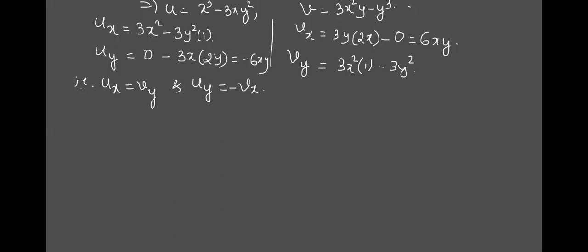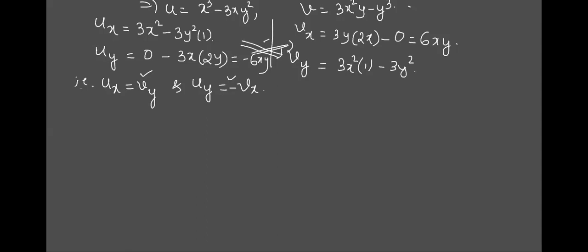Don't change any x, y, u, v; it should be perfect. ux is 3x square minus 3y square and vy is also the same. Both are equal, so the first equation is correct. uy is minus 6xy and vx is 6xy. Are they not the same, only differing in sign? That will be balanced by this minus, so the second equation is also true.